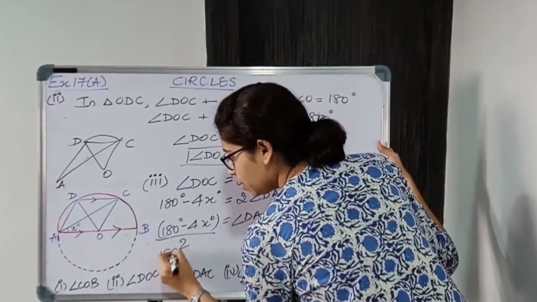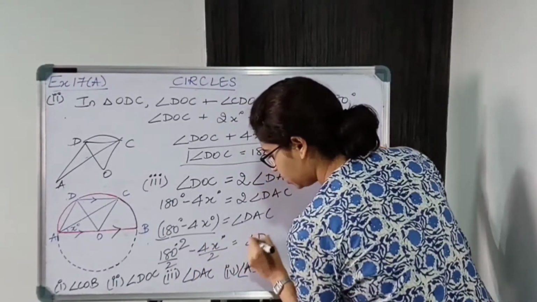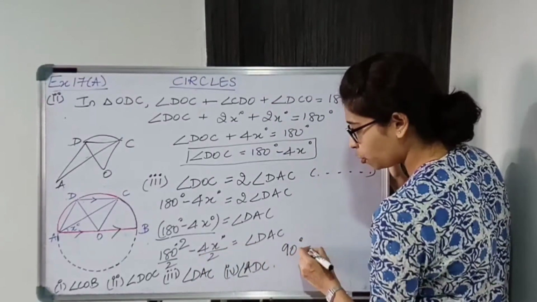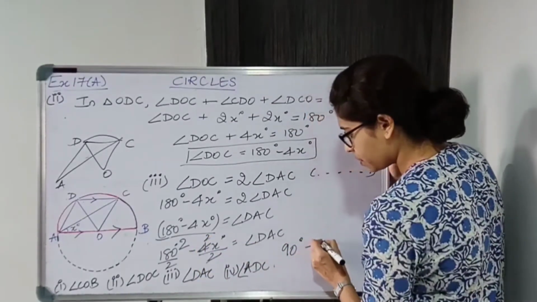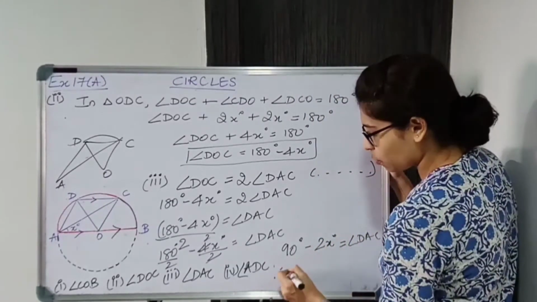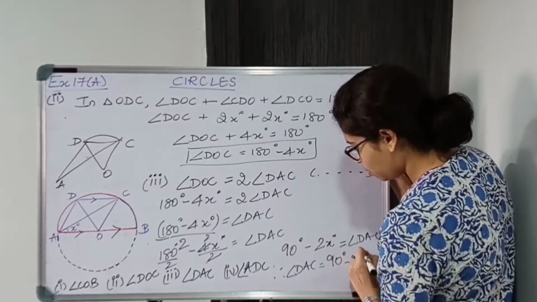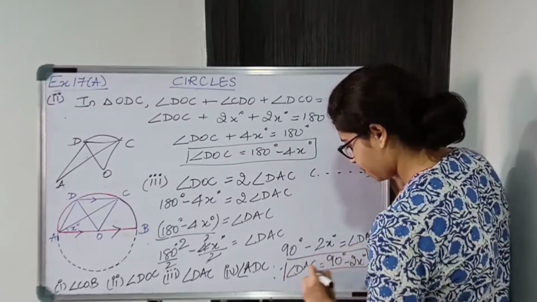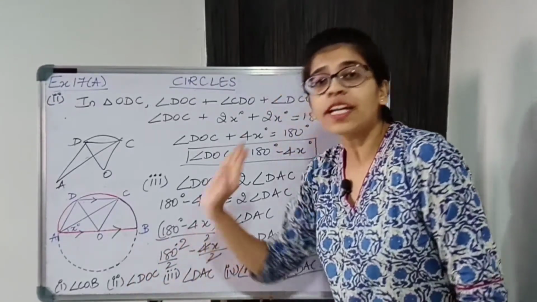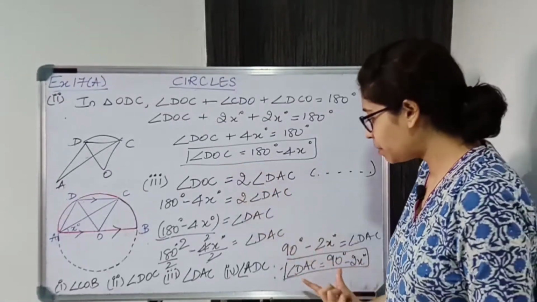So 180 upon 2 minus 4x upon 2 is equal to angle DAC. So 180 upon 2 is 90 degrees. 4x upon 2, 2 twos are, so 2x. So angle DAC is equal to 90 minus 2x. So we used angle DOC to find angle DAC and we got it in terms of x. DOC found, DAC found.